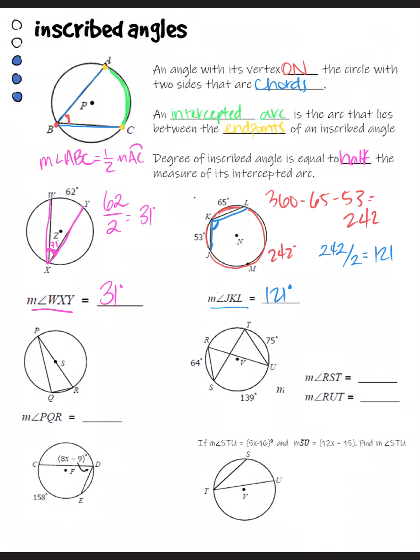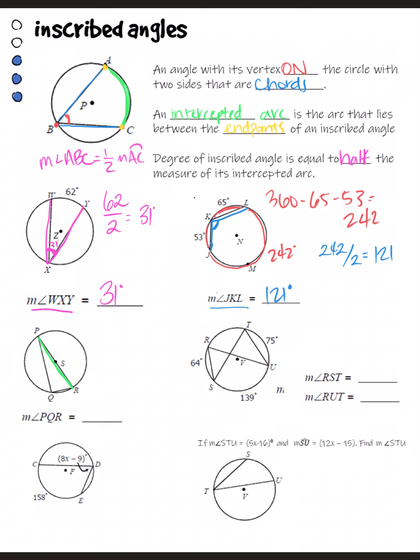Next example. Here, we've got a triangle inside of our circle. And we've got this diameter, because it goes through the center, creating this triangle.